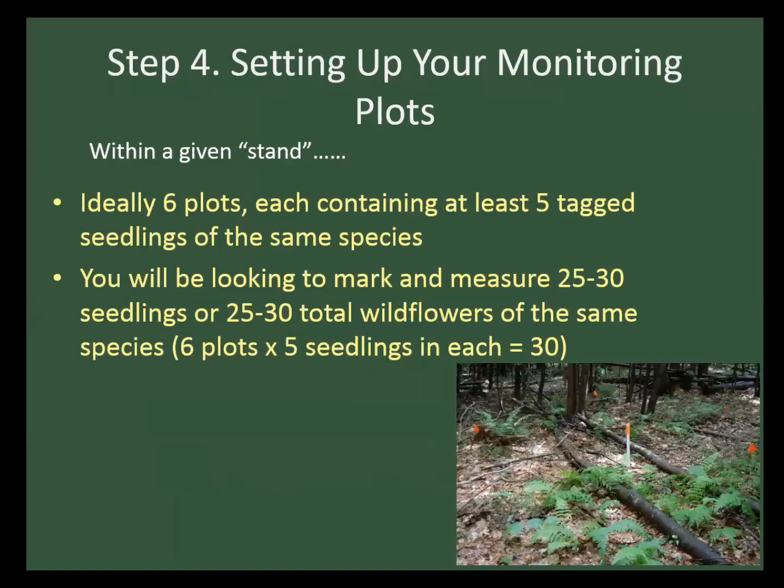So within a given stand, you set up your monitoring plots. Here's a plot pictured here. You basically put a stake in the center. You number that stake. You put a pin flag in each of the 4 cardinal directions and create 4 different quadrants.